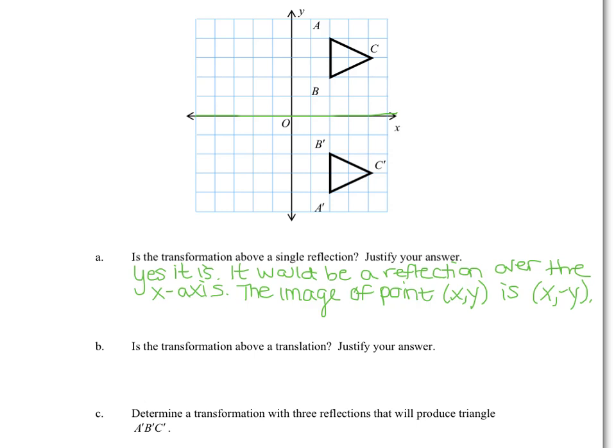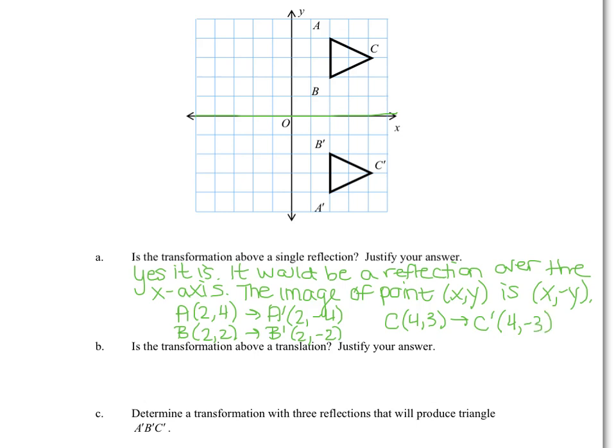And to further prove that, we see that A is (2, 4), and A prime is (2, negative 4). You can see my x is staying the same, but my y is the opposite. B is (2, 2), and B prime on our graph is (2, negative 2). You can also see that C is (4, 3), and C prime is (4, negative 3). So all of these show the same characteristics of a reflection over the x-axis.